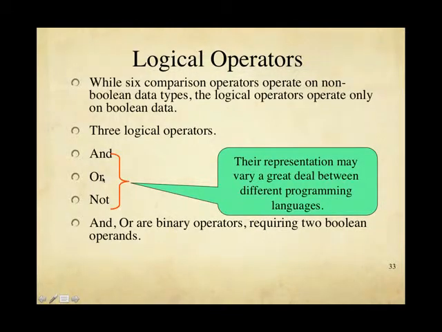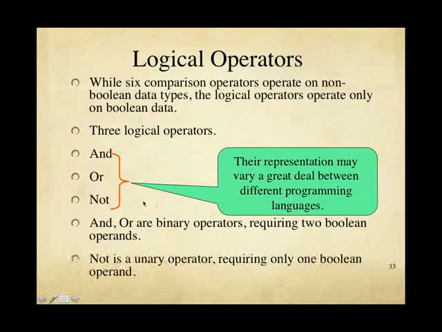And and or are binary operators, which means they require 2 operands, one on left and one on right. Anytime we talk about a binary operator, it will have 2 sides like 2 hands, one on left, one on right. Not is a unary, requires only 1 Boolean operand. Just remember the simple computer science rule: any binary operator requires 2 operands, one on left, one on right.